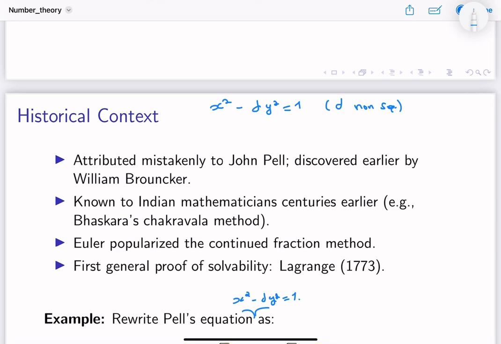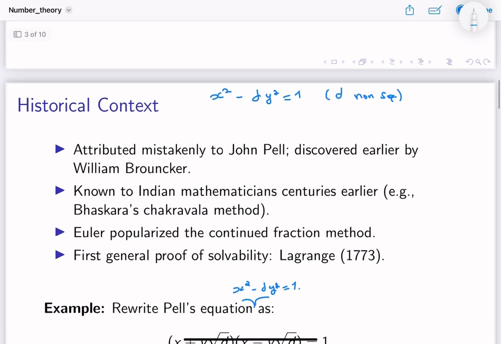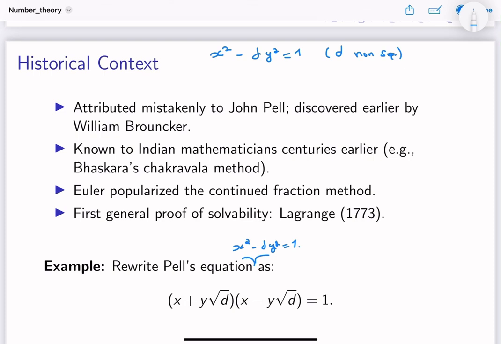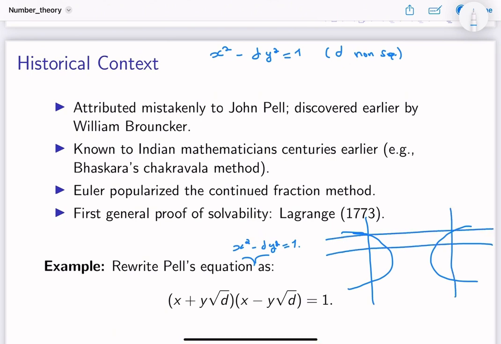There is some geometry here behind the scenes. Indian mathematicians played with this. What we're really asking for here is, if you were to plot such an equation in the plane, it's a hyperbola, and we're asking for points on the grid where the hyperbola intersects the grid.